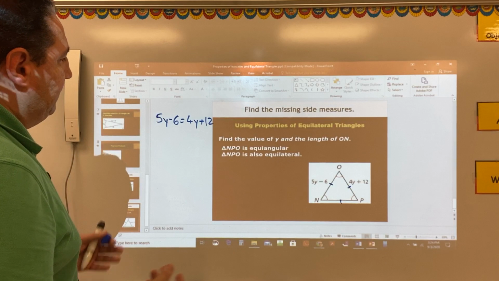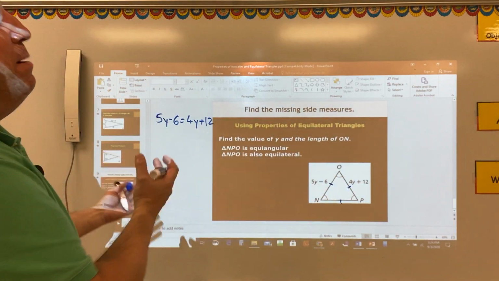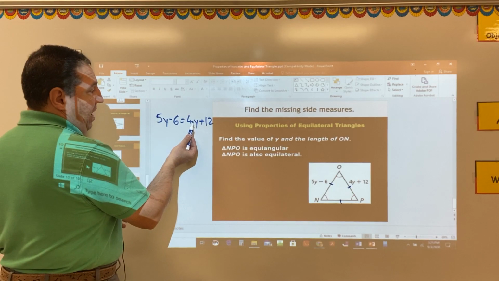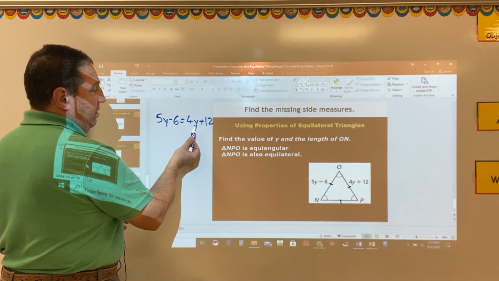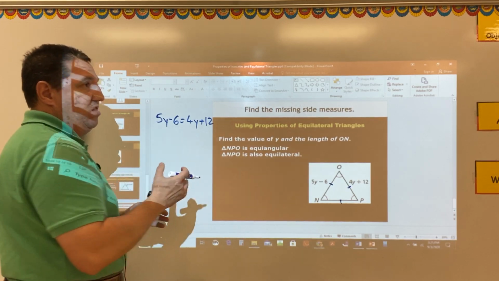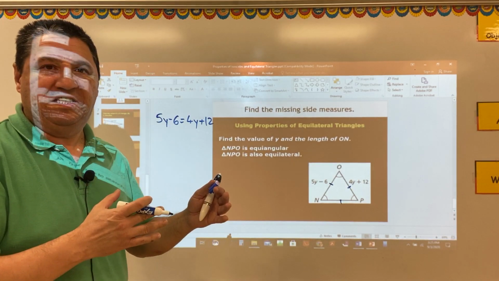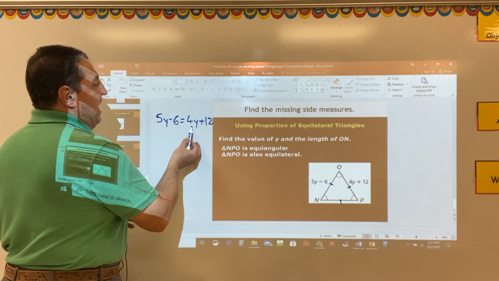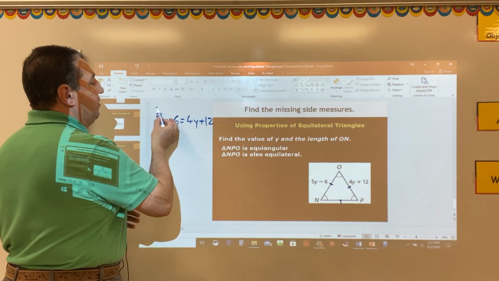First, we have to combine like terms. How do we combine like terms? By collecting y terms on one side. On which side? So, we combine y terms on the left side.